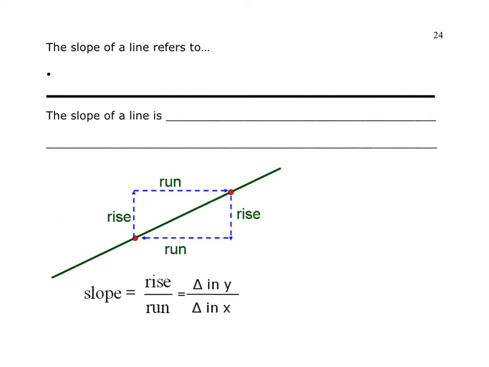All right. Okay, the slope of the line refers to the steepness of the line. So write steepness of the line. If you have ever thought of slope before, you could think of mountains.